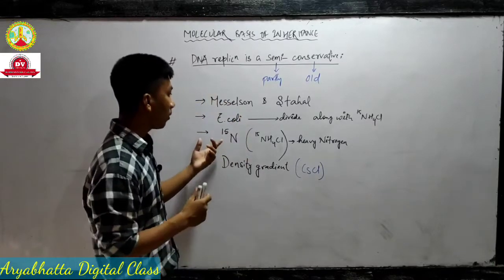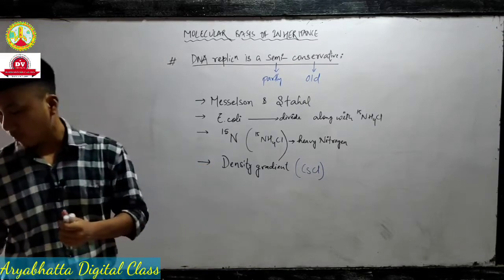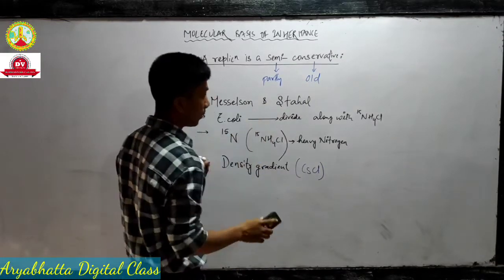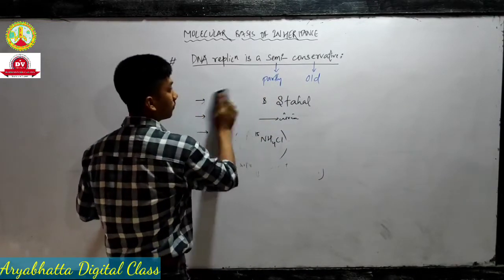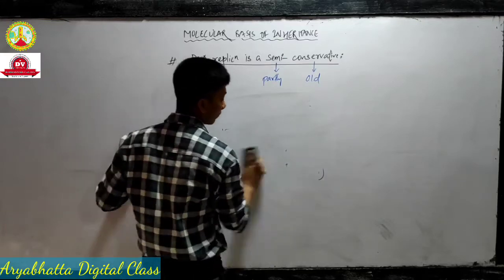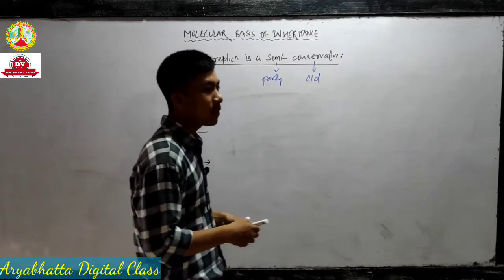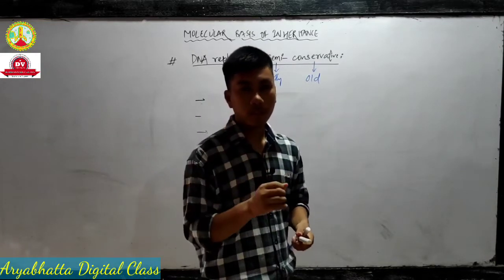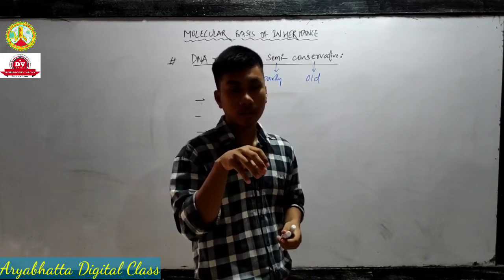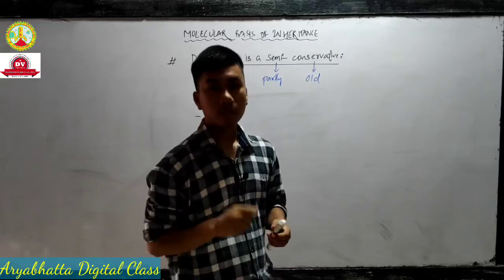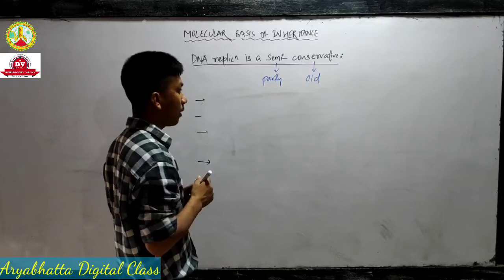So they allowed them to grow along with N15, then performed the experiment in a density gradient using cesium chloride. Now we need to see what happened. Density gradient means that in a test tube, they have applied cesium chloride, and then they applied the bacteria along with the heavy nitrogen.